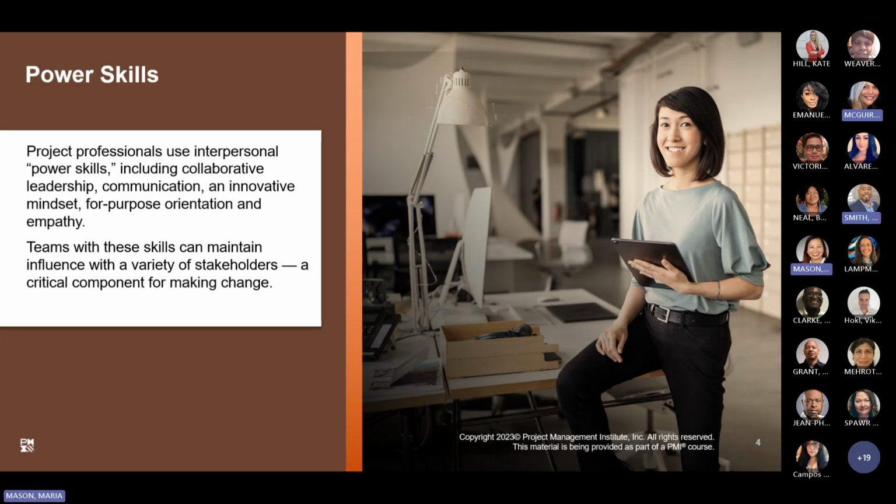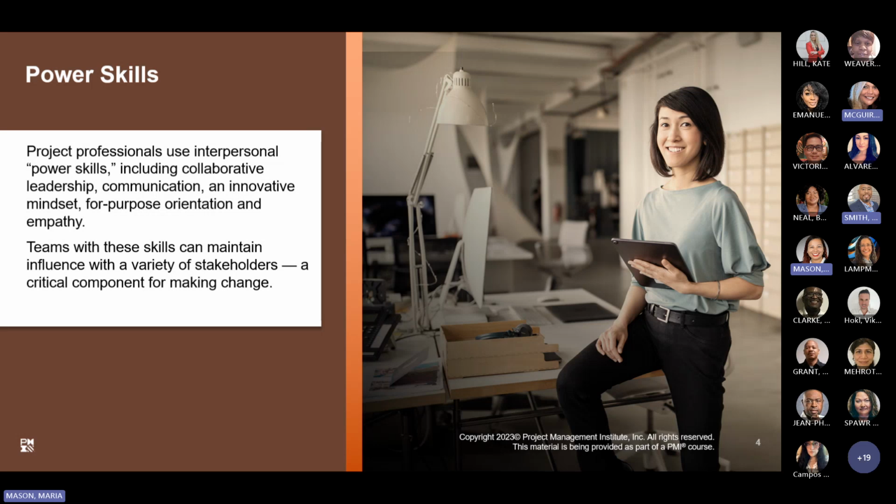So project professionals use interpersonal power skills, including collaborative leadership, communication, an innovative mindset, purpose orientation, and empathy. Teams that have these skills can maintain influence with a variety of stakeholders, which is a critical component of making change, right?